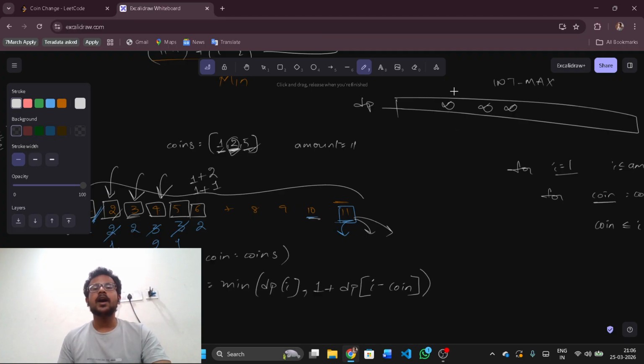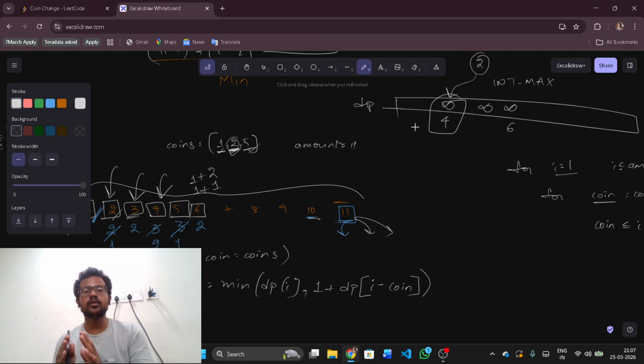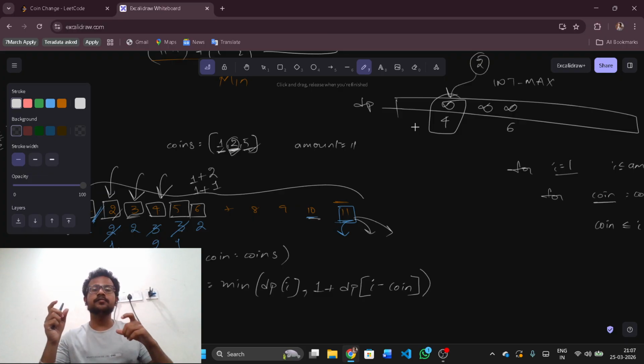Now, if I can't make 4, and here I have 6, then how can I take coin number 2 and add this infinity? It is already there that you can't make 4 for now. So how can I take coin number 2 with the remaining 4? I'll figure out the minimum number of coins to make 4. No, it is not possible. It is clear that if it is infinity, we cannot make that amount.